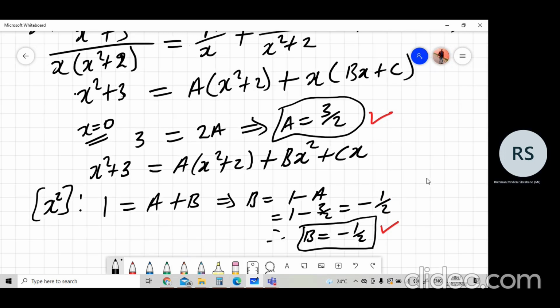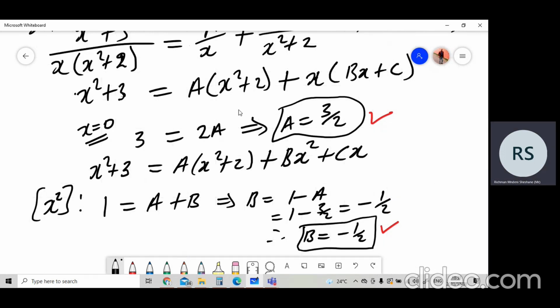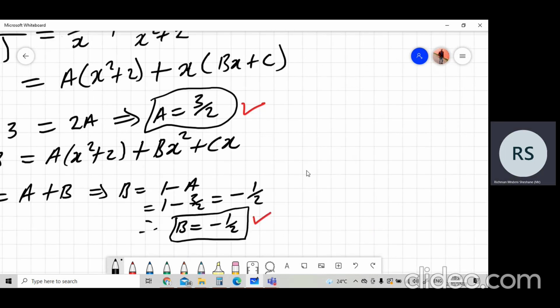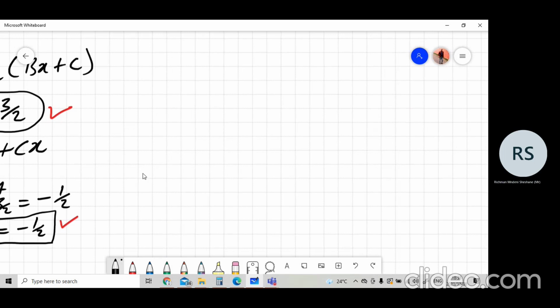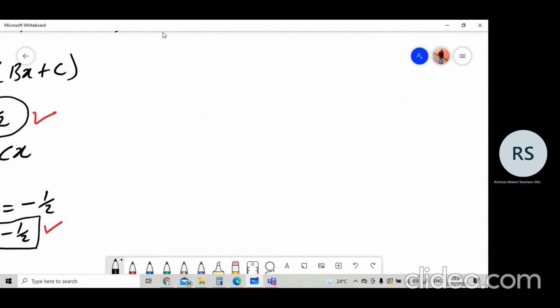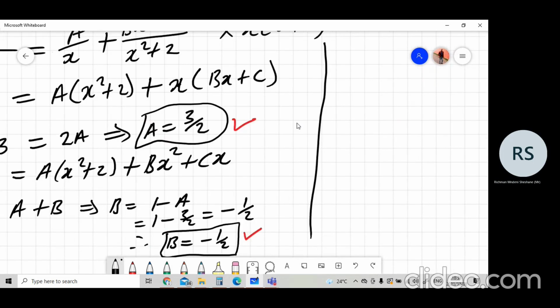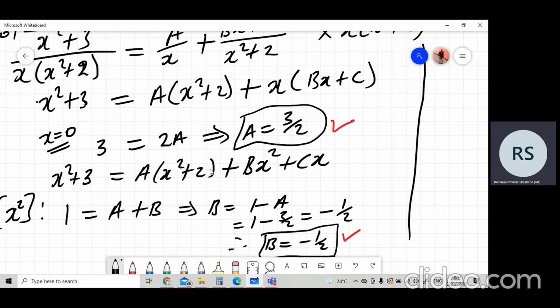Okay, let's equate the coefficient of x. Let me write it down here. You see, the coefficient of x, we're looking in this expression here.